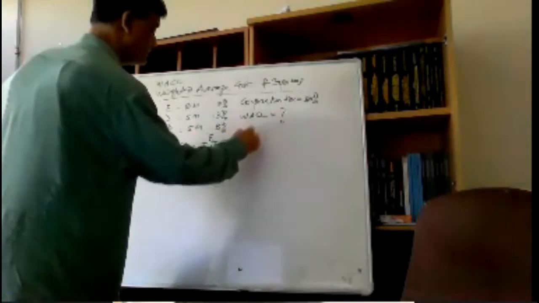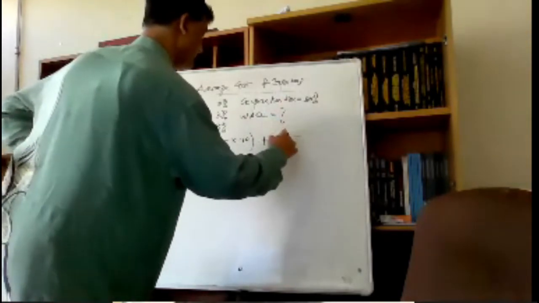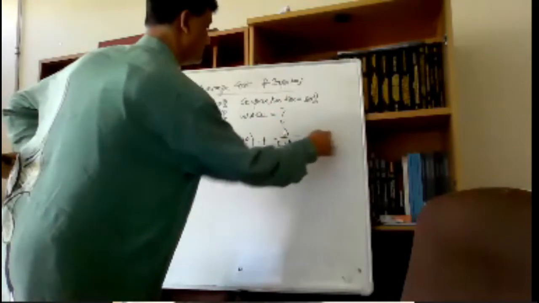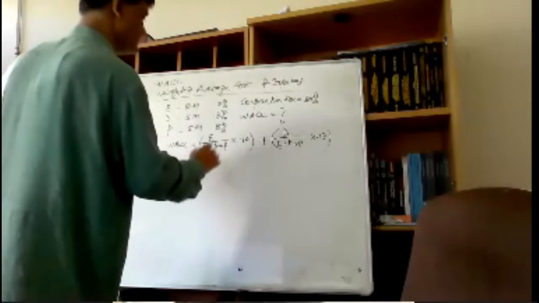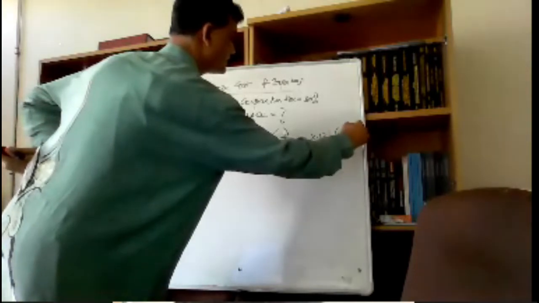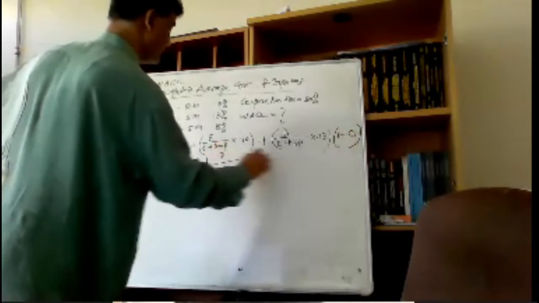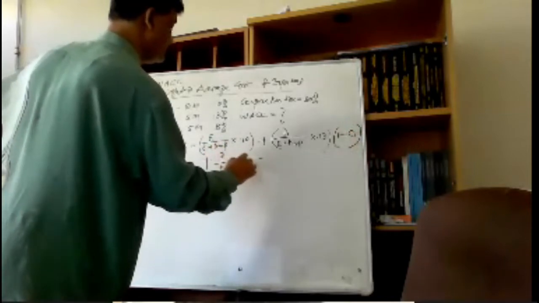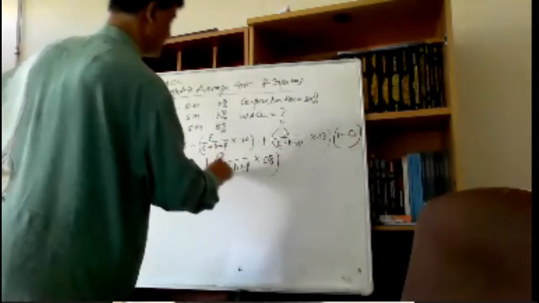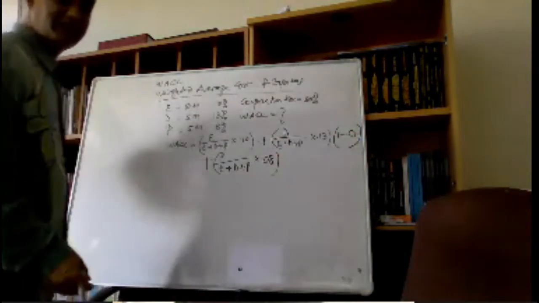Multiply 0.10, plus D divided by E plus D plus P multiply 0.13, and then here we have to incorporate corporation tax, right? 1 minus corporation tax. Then you have P divided by E plus D plus P multiply 0.08. Do you follow me? Because we have now 3 sources.